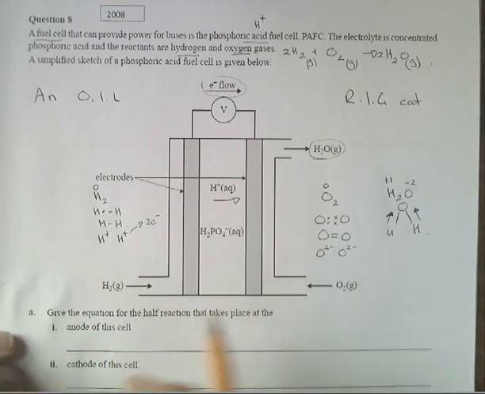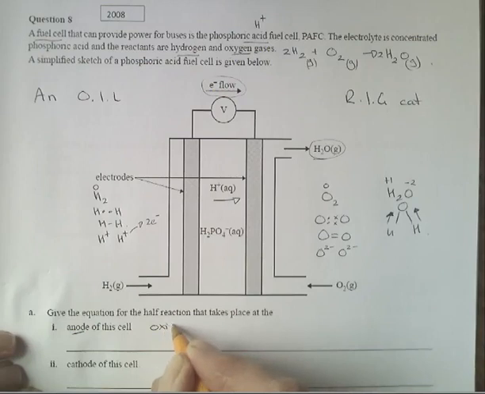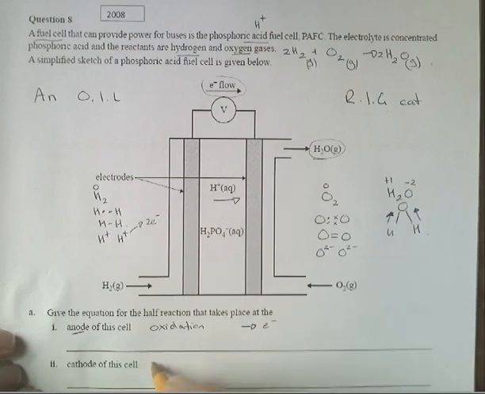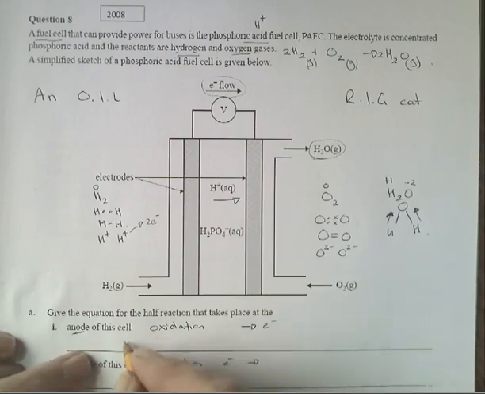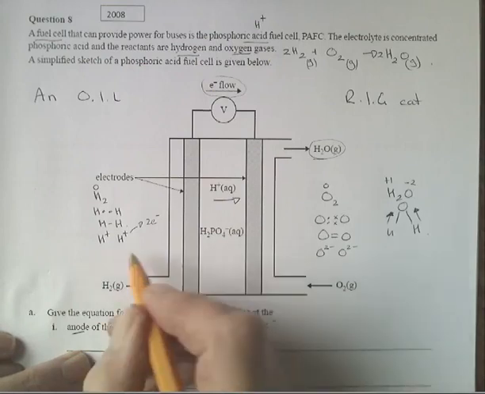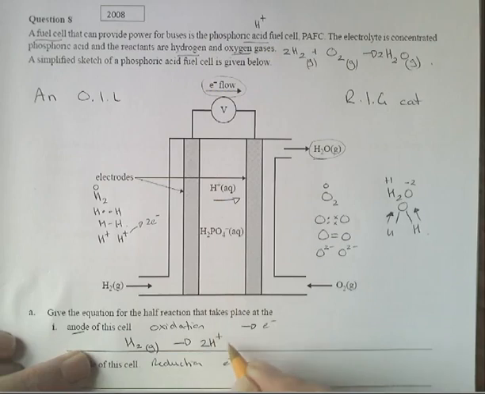So these reactions should be quite easy. Anode, oxidation. Just remember, which side do I put my electrons on? Where is the arrow? The arrow is here. You're losing them. Reduction is the gain, so the electrons have to be on that side of the arrow. So you've got your hydrogen gas molecules losing electrons to become 2 hydrogen ions plus 2 electrons.